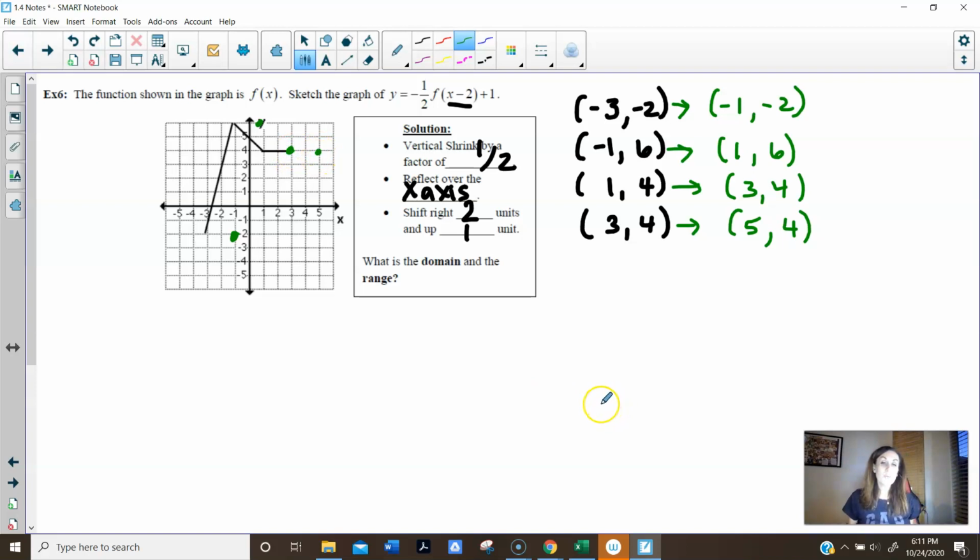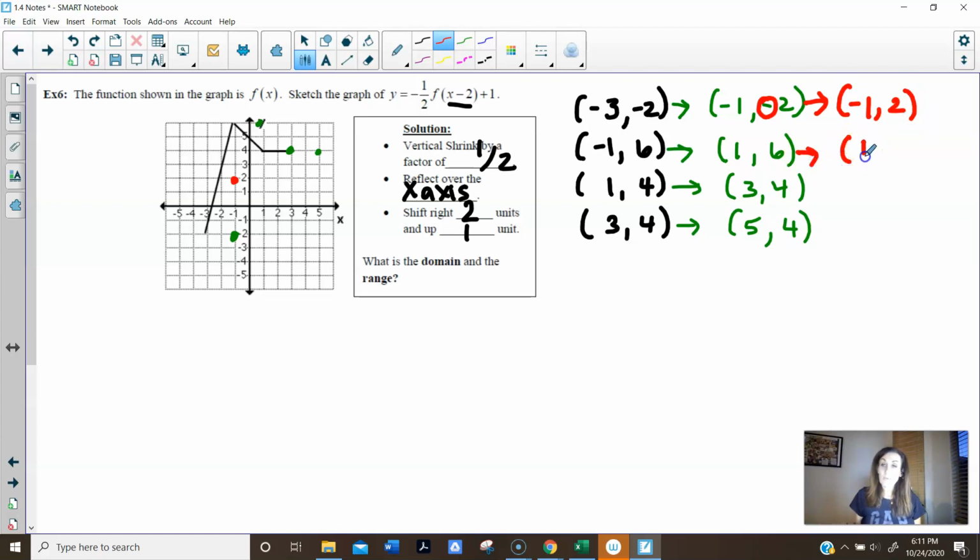Now to reflect over the x-axis, if I were to take this point and reflect it over the x-axis, instead of being down 2, it's now going to be up 2. All right? And so you can see what happened is when it reflects, the sign changed to a positive 2.